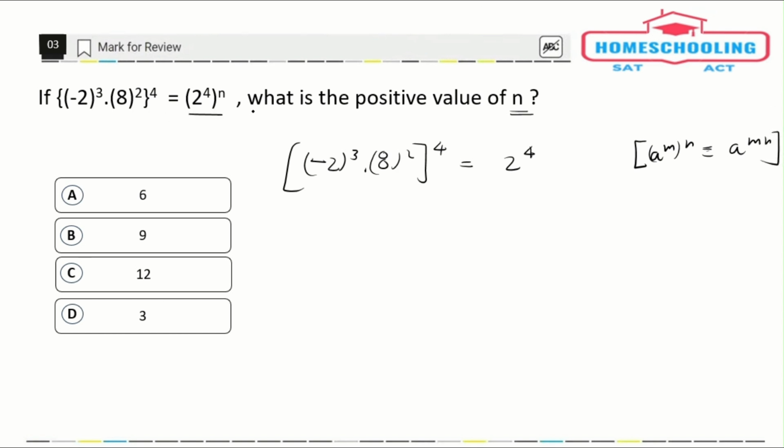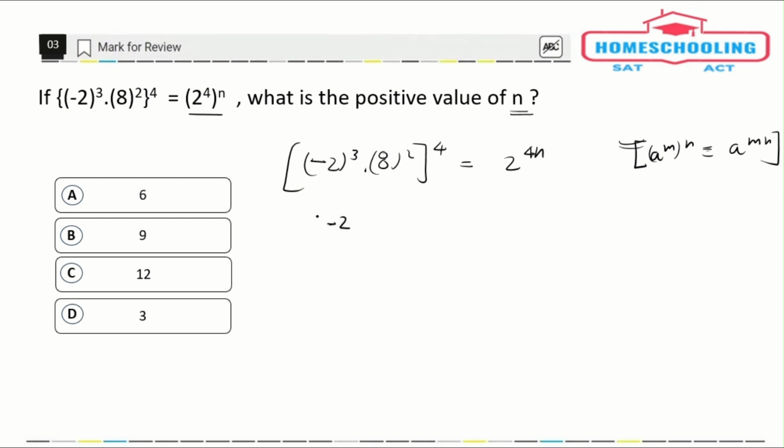So if we put this rule here, this is going to be 2 to the power 4n. Now let's simplify. We take this power and multiply these powers by using the power of power rule.